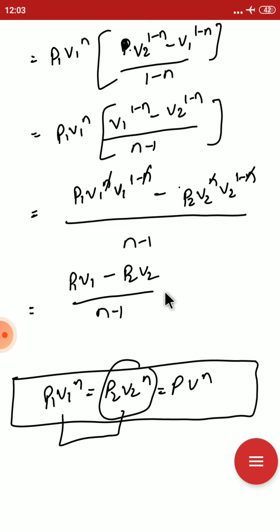If you want further simplification, we take P1 V1 common, giving 1 minus P2 V2 by P1 V1.